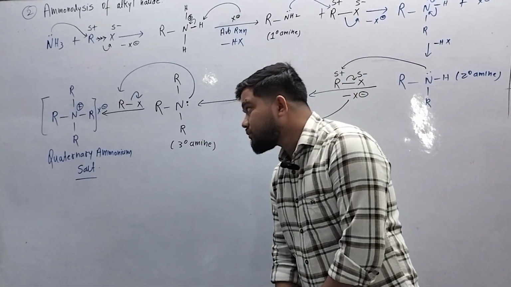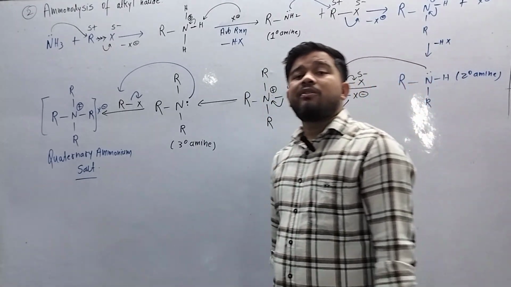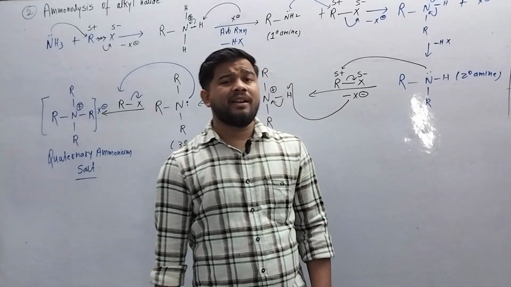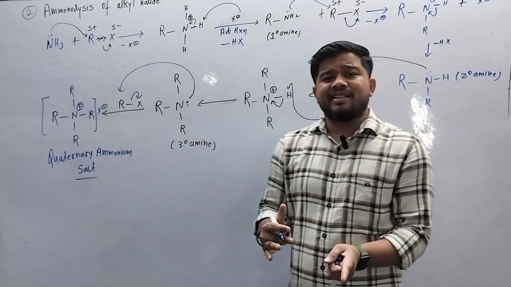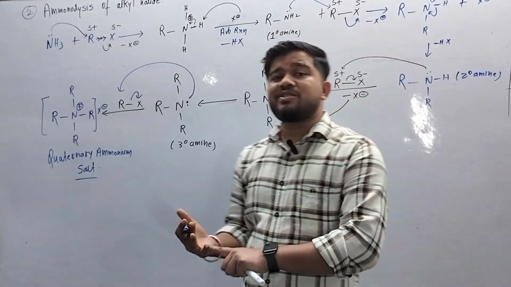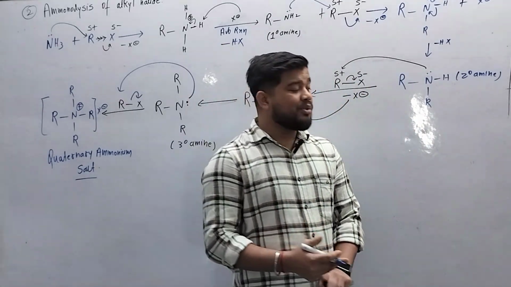Okay. Next our method is the reduction of cyanide. Basically, in amines we generally see reduction reactions. At first our reaction was the reduction of nitro compound.